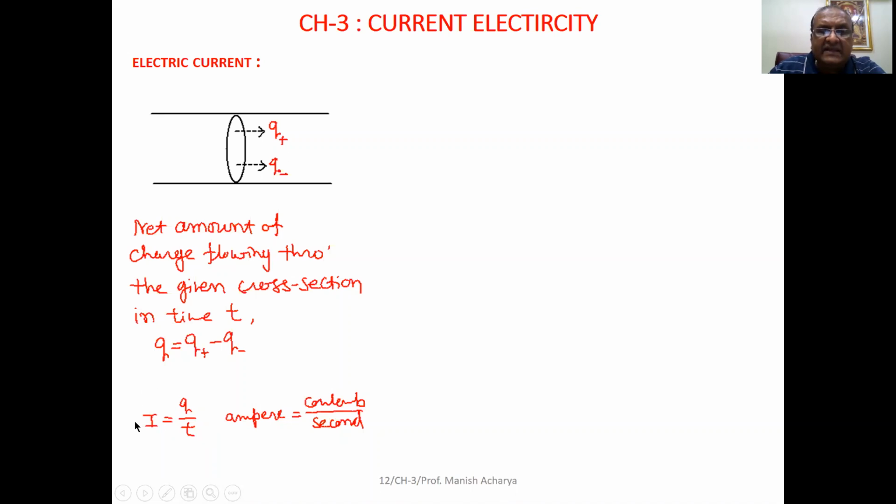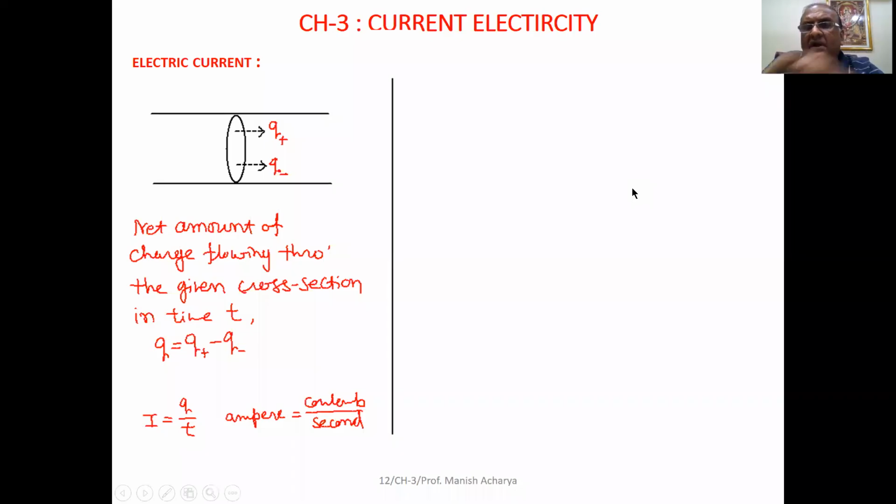So electric current I is nothing but the net amount of charge flowing through any cross section of the conductor per unit time. The SI unit of current is ampere, and from this equation, we can write ampere equals coulomb per second. Clear to all of you?